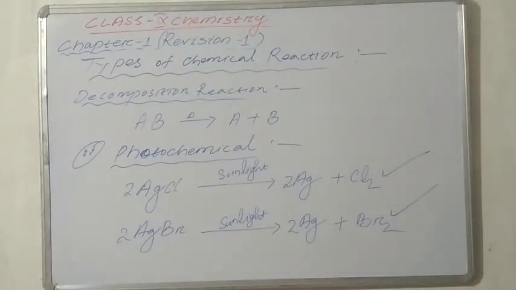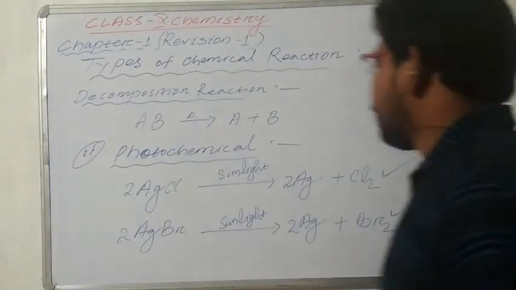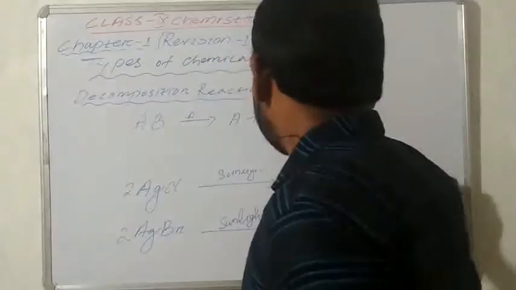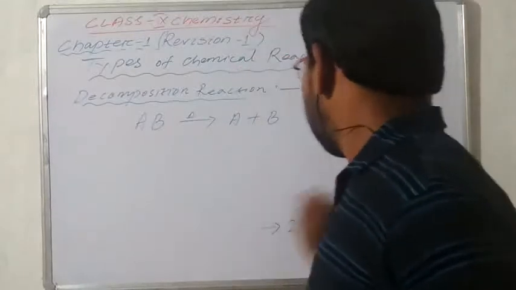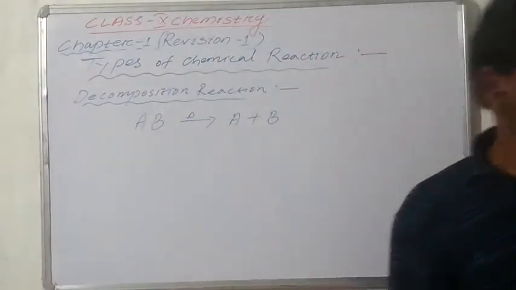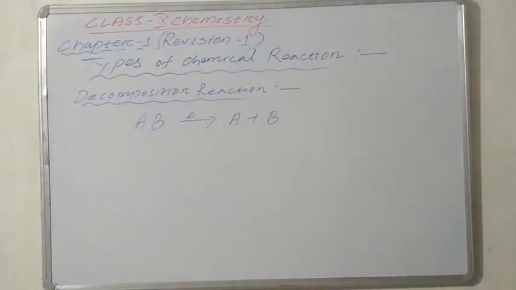Next, the third type of decomposition reaction is electrolysis. How does electrolysis occur?